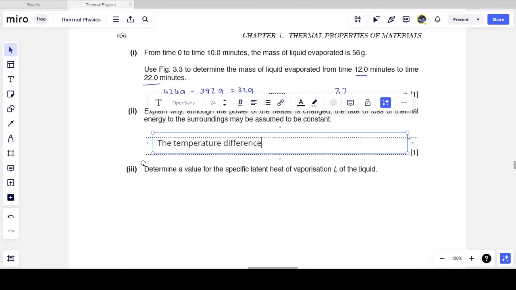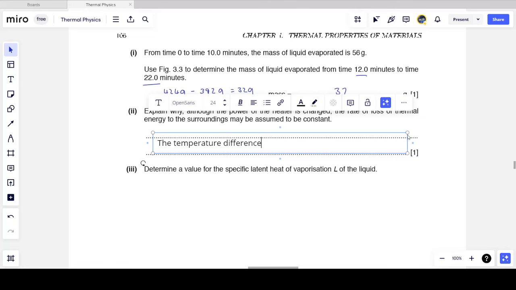Which then means I can rearrange and solve for L. It looks messy, but it actually is a lot cleaner doing it this way than having to put in values and play around with values and so on. It's a lot easier to do it algebraically and then do the arithmetic. So I rearrange this equation and I can find everything else. The voltages are given, the currents are given, the masses are given, and so too are the times. And I have done all the work in the previous questions.